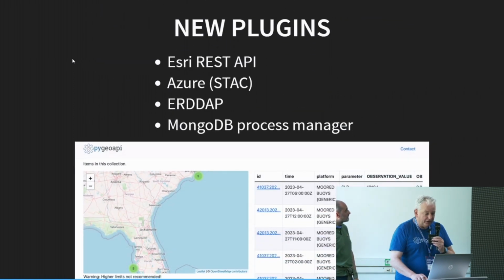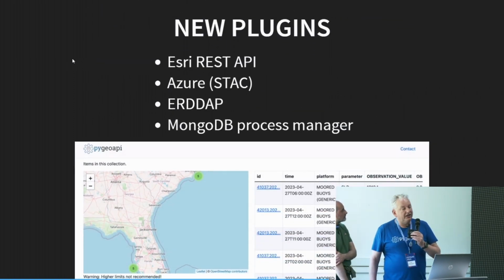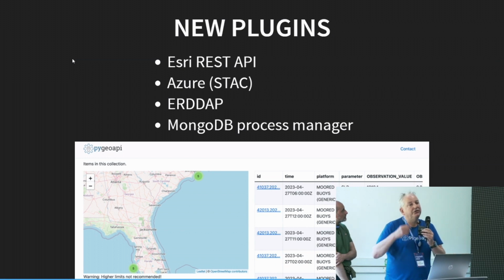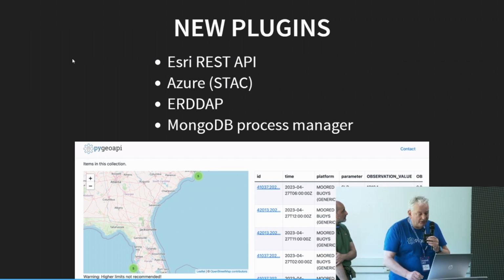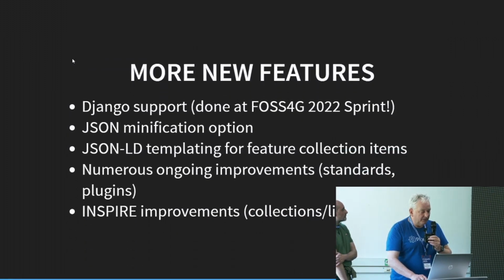And there have been some new interesting plugins like the Esri REST API. It allows you to unlock features from a remote Esri feature server, although you could do that already with the OGR provider. Azure for the STAC, and AirDAP allows you to access a large number of scientific datasets. And there's a MongoDB process manager, and well, the list goes on.